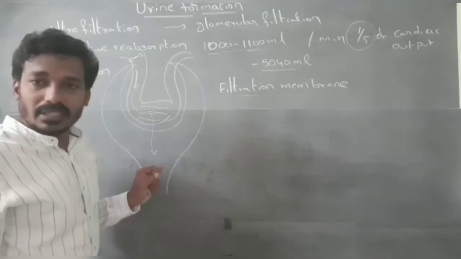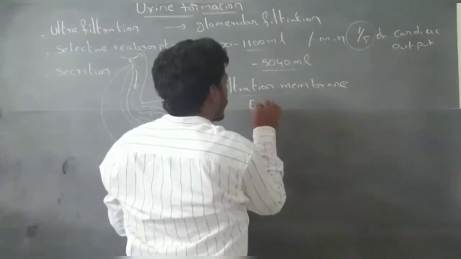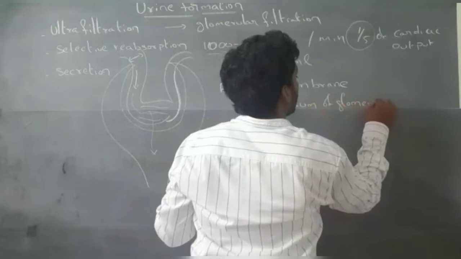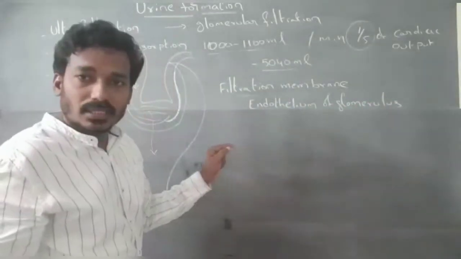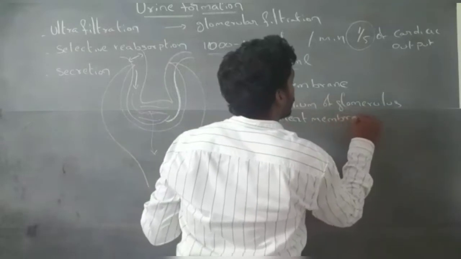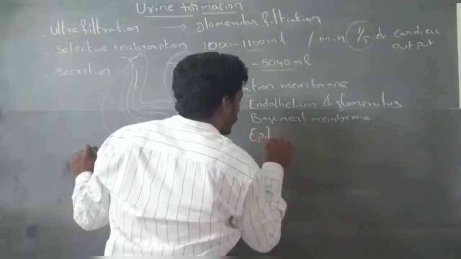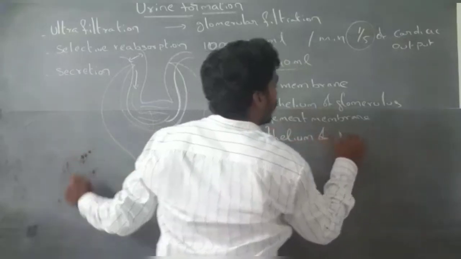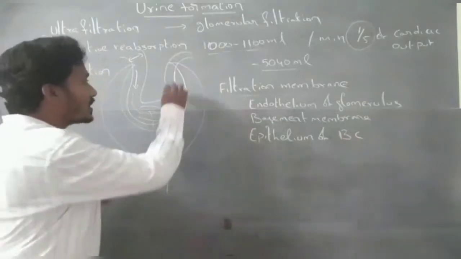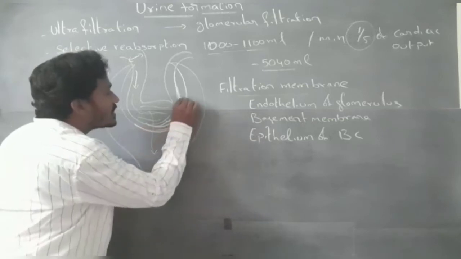The filtration membrane is formed by the endothelium of the glomerulus and their basement membrane, and the epithelium of Bowman's capsule.